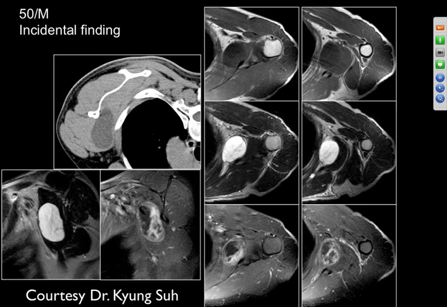Eric? 50-year-old male, multiple MR and CT images showing a low density and high T2 signal mass, also with some heterogeneity and peripheral enhancement, in the deep musculature of the shoulder. And this doesn't have the typical look of an elastofibroma.